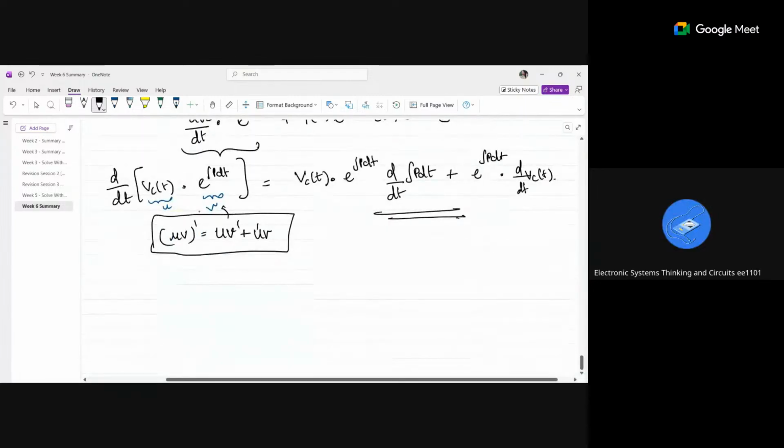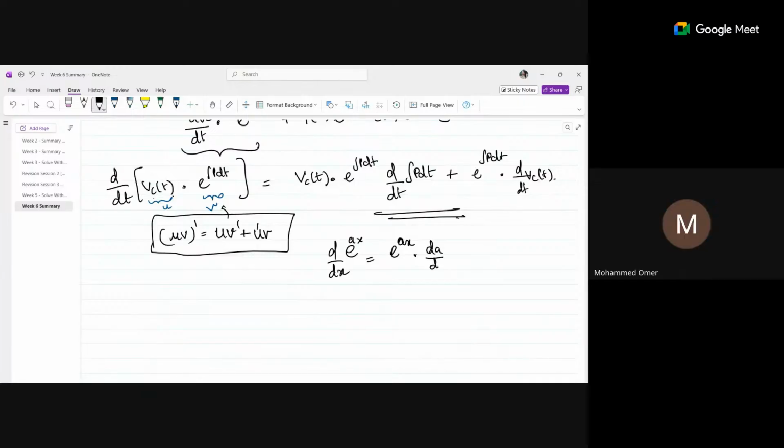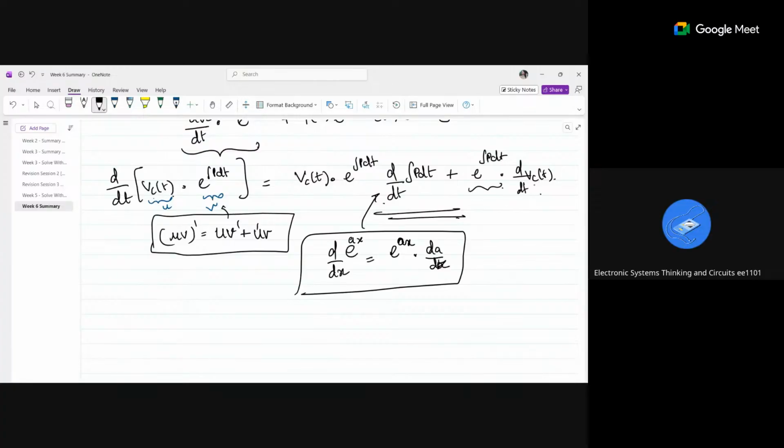So I am differentiating, keeping Vc of t as such, then I am differentiating v. d by dx of e power ax is e power ax same, then da by dx. So this is the formula I have applied here. Then v I have kept as such, then I have differentiated the u, that is dVc by dt.